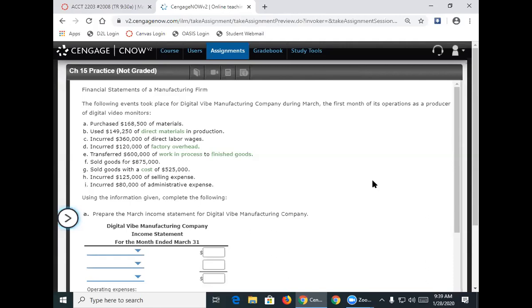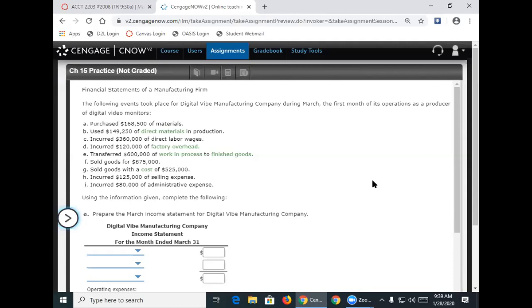So these are all inventory accounts. So they're all current assets. They all increase on the debit side and decrease on the credit side. And they told us in this case, this is the first month of operations. So we don't have any beginning balances in any of these accounts. That makes life easier. We don't have to start with anything.